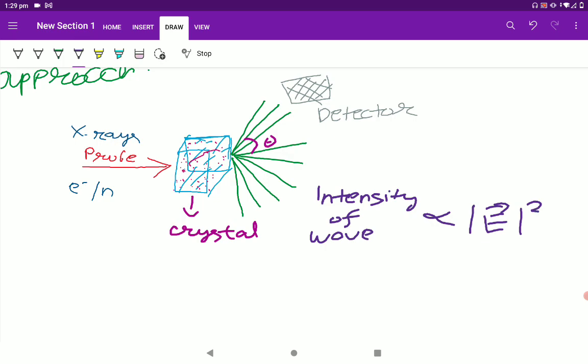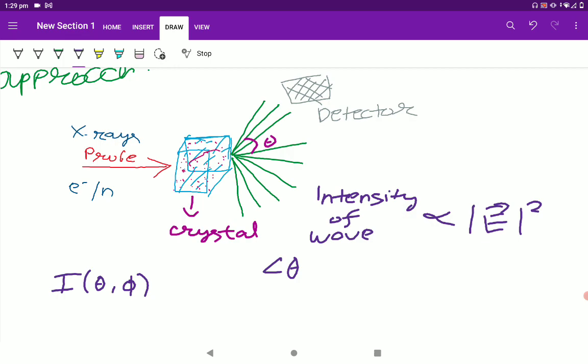So we measure this intensity as a function of position, basically as a function of this angle theta or phi. Generally we measure the intensity as a function of direction after the interaction with a crystal.